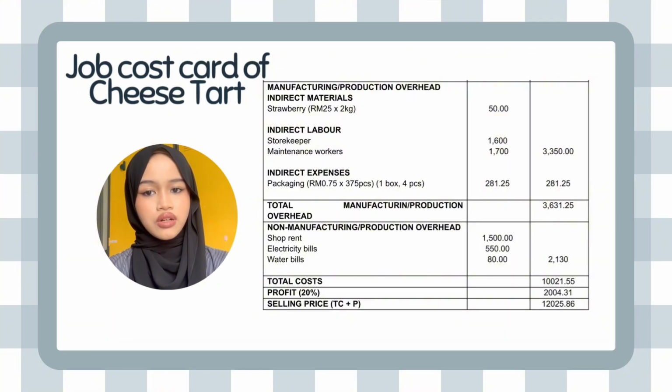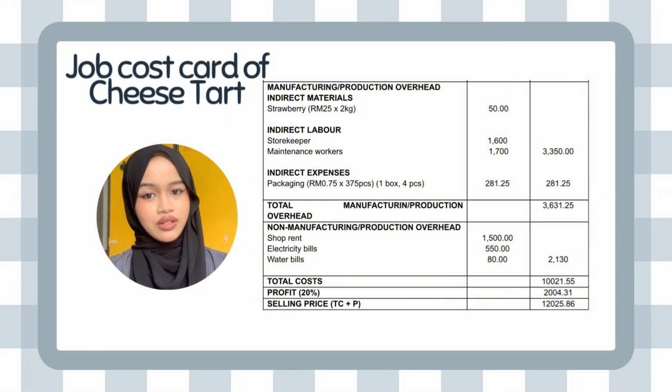Next, under indirect expenses, the packaging cost is calculated as 75 cents times 3,075 pieces of bulk, because for one box we have 4 pieces of cheese tart. So the total cost is 181 ringgit and 25 cents. Therefore, the total production overhead is 3,631 ringgit and 25 cents.